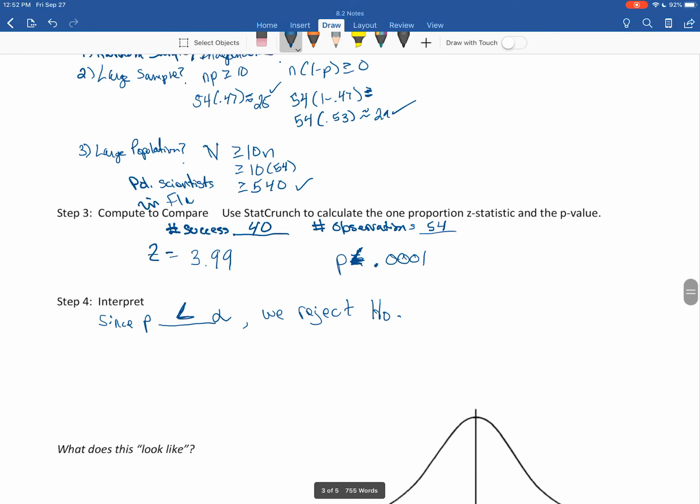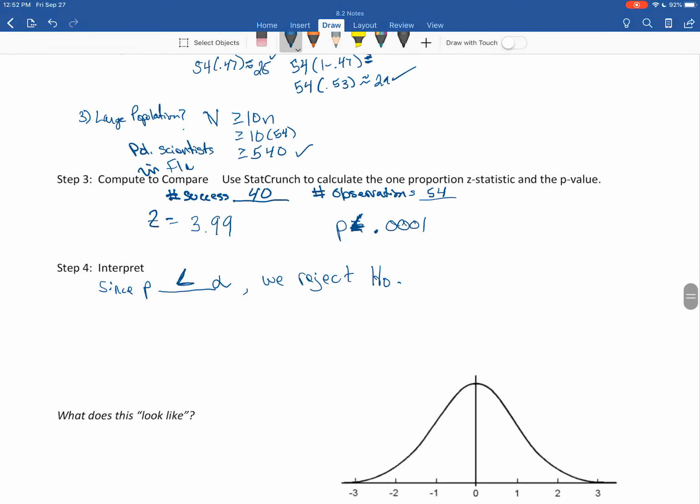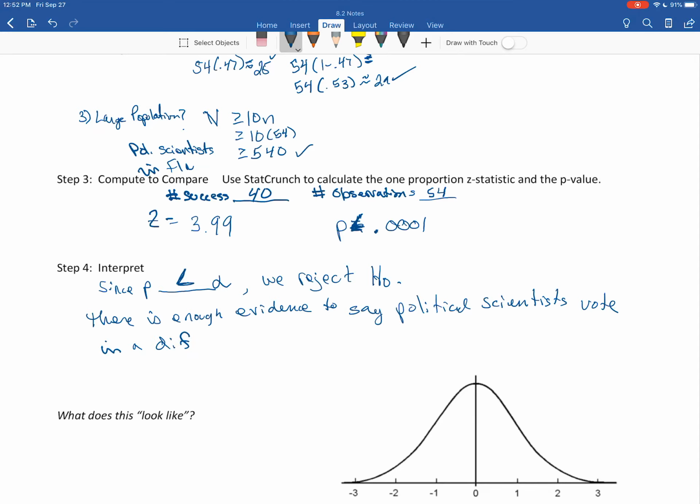So that's how I can write my conclusion. I can say something like, there is enough evidence to say, and what were we trying to say? We were trying to say that political scientists vote in a different proportion than the rest of the public.